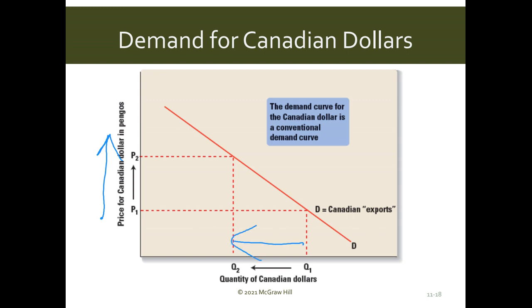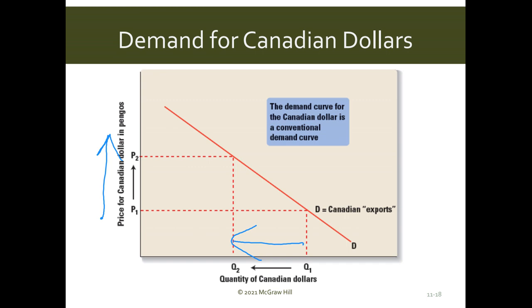Because appreciation of Canadian dollars will actually tell foreigners that the price of their product, that is Canadian produced, locally produced product, will be higher in terms of foreign currency. And that is why they are not going to buy your product. I'll give you an example, but you have to remember that the demand for Canadian dollar is a downward sloping line. Okay, let's take this.